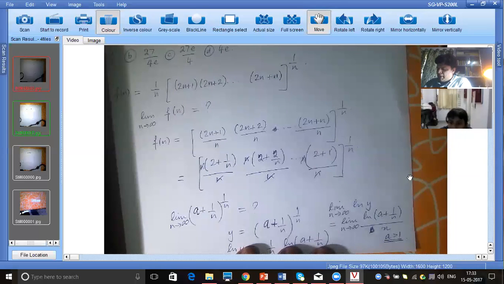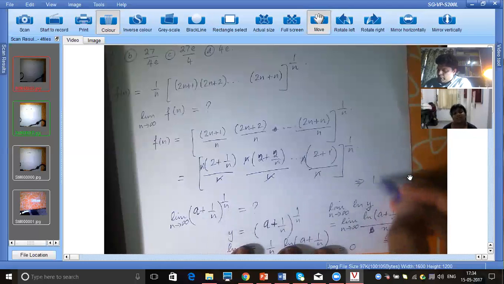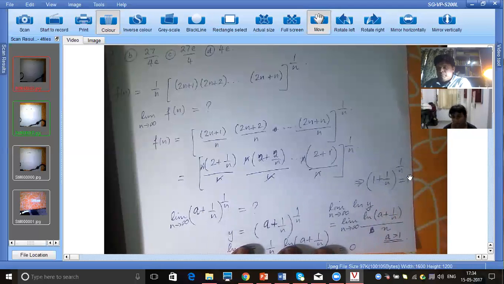As n goes to infinity, this will go to 0. Which means if log of this goes to 0, it's 1. This is equal to 1. a plus 1 by n, whole to the 1 by n. All right.